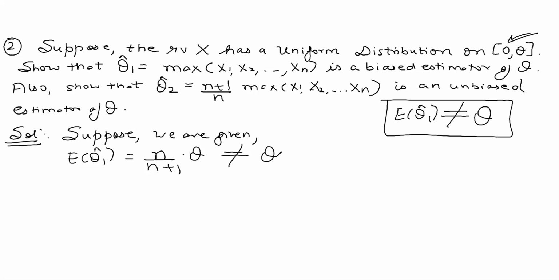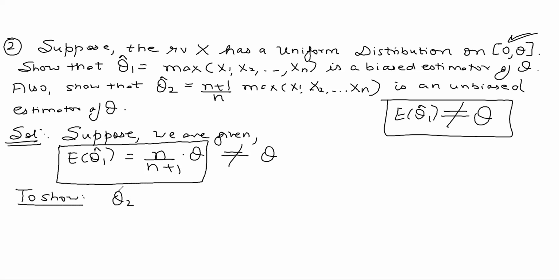Hence, theta 1 hat is a biased estimator. Now, suppose this value is given to us. What do we need to show? We need to show that theta 2 hat is an unbiased estimator of theta.